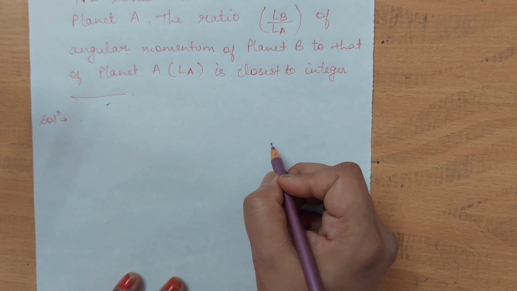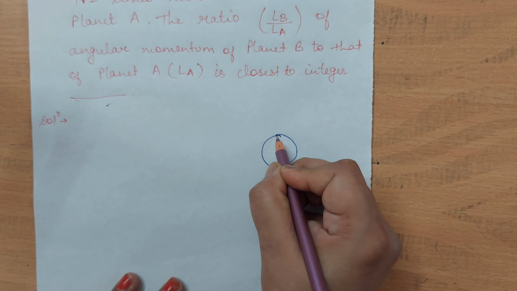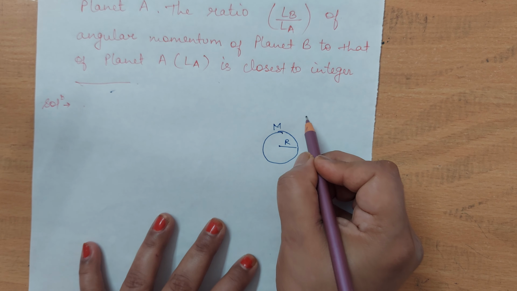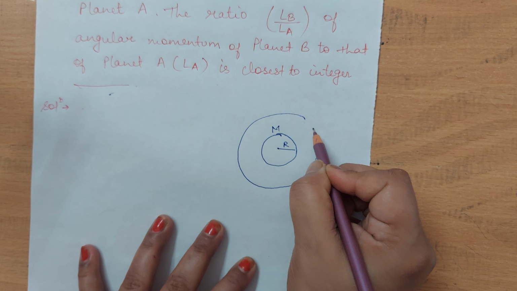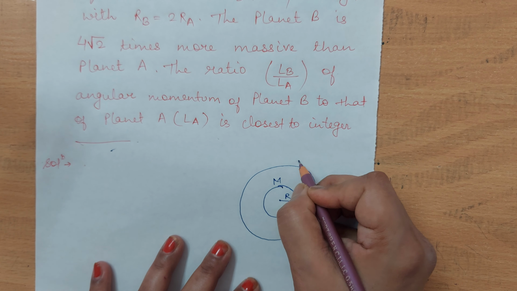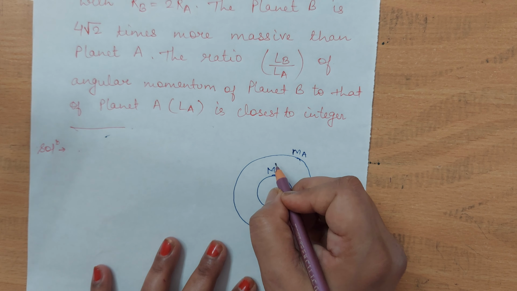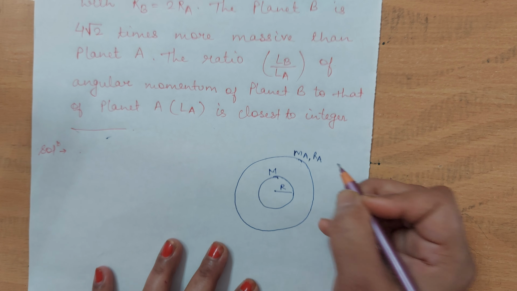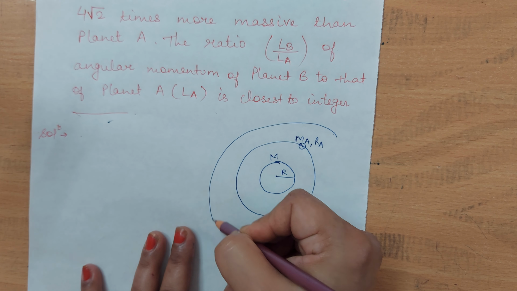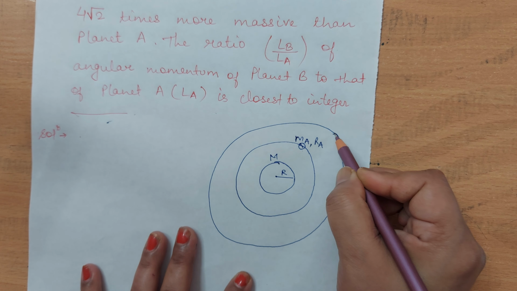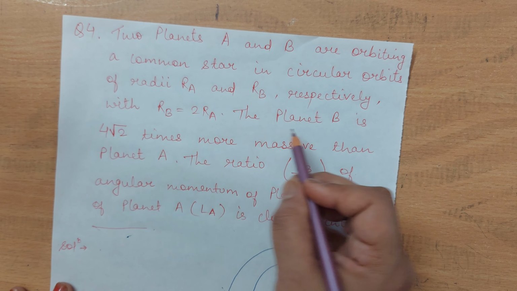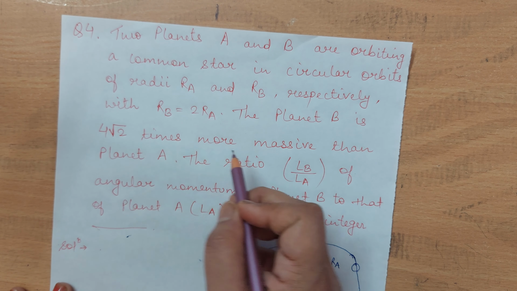So let's draw it. Suppose it is a common star of mass M and radius r, and we have two planets, planet A whose mass is suppose Ma and radius is Ra, given in the question. Now there is one more planet which is revolving around it. Planet B is 4√2 times more massive.